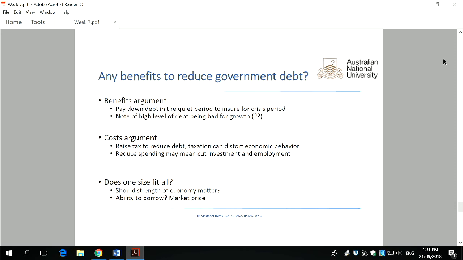So on this debt issue, it's not a clear answer, right? There are benefits, and there could also be problems. And the most important key question in the end is what is optimal for that particular country. Not one size of debt is going to fit every country.